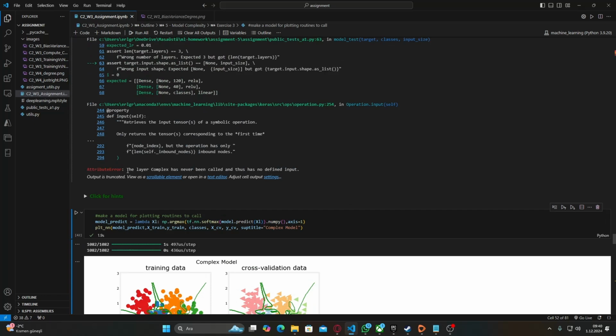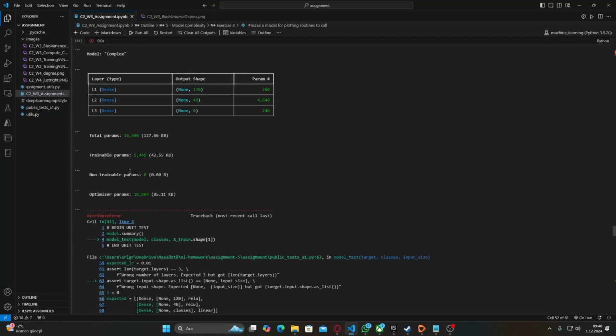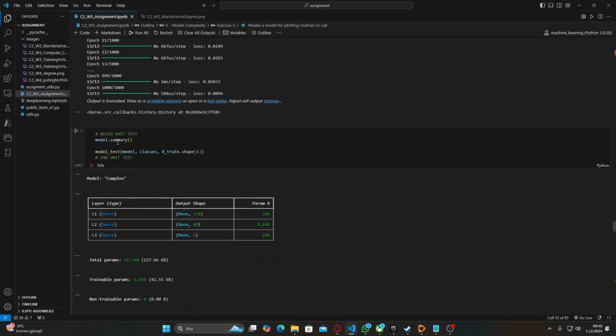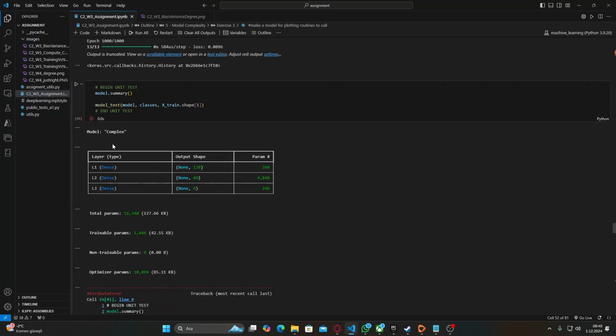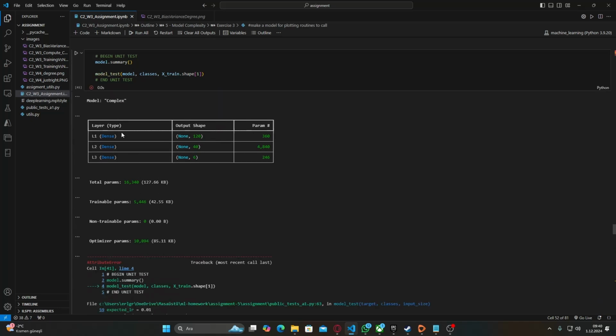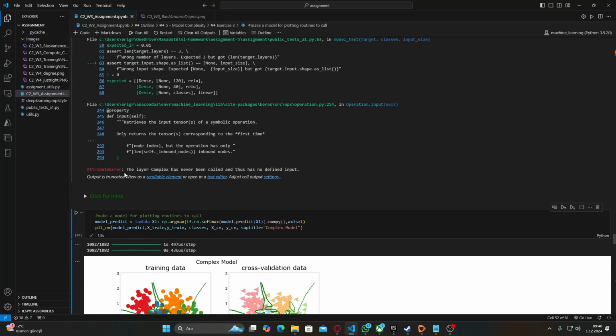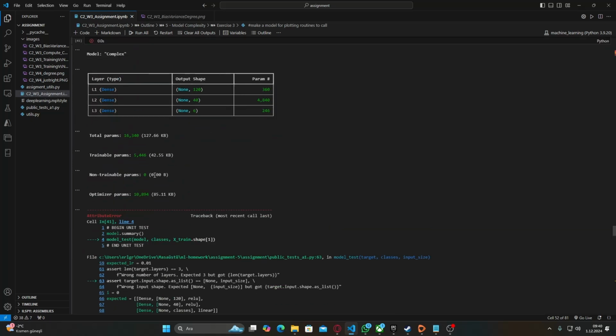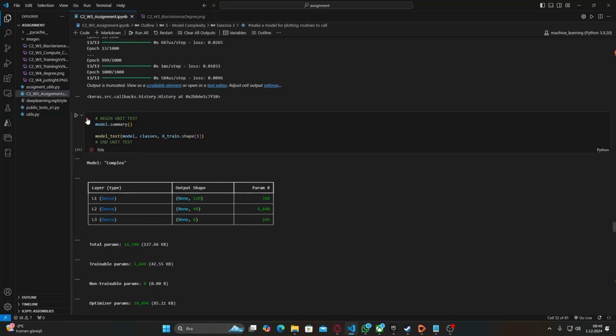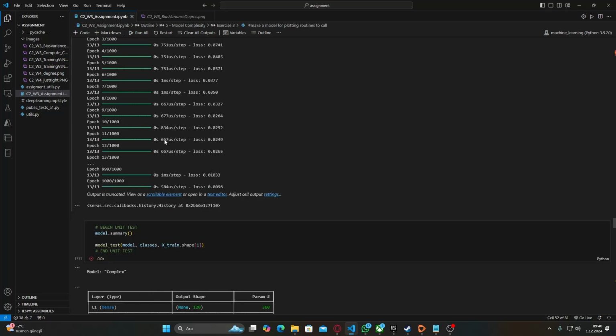And okay, I'm having an attribute error in here, beginning unit test and model test. The model is complex. Okay, yes, as we're given in here, these are the parameters. And we are having the error that layer complex has never been called, thus has no defined input. Yep, beginning unit test.